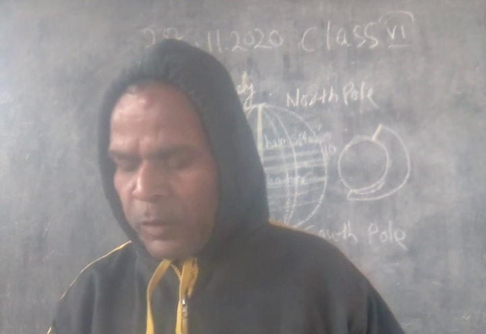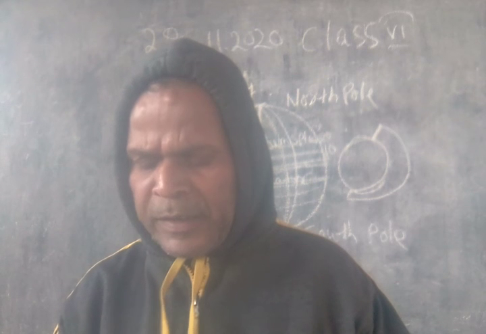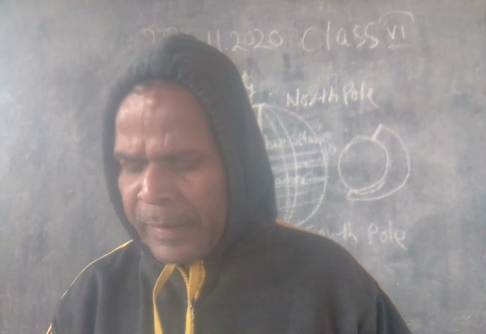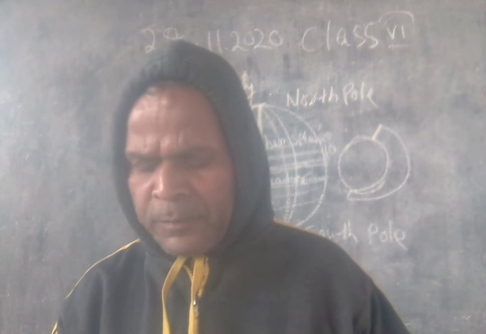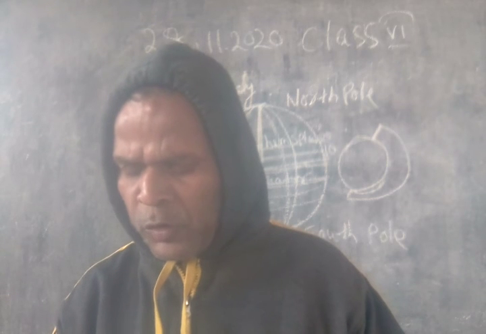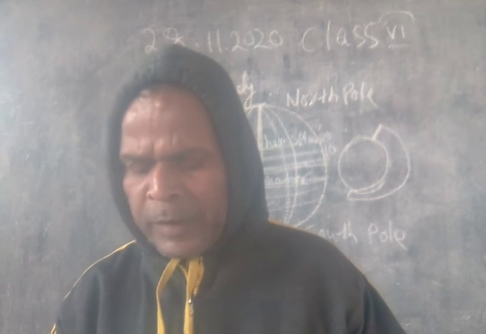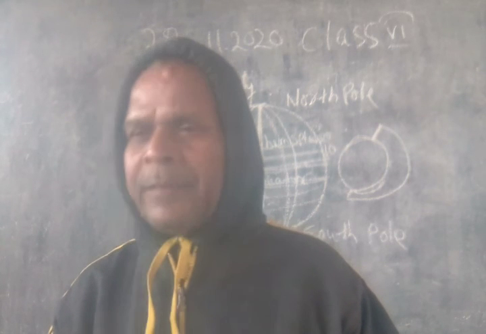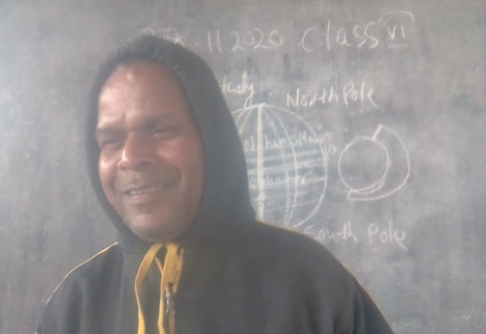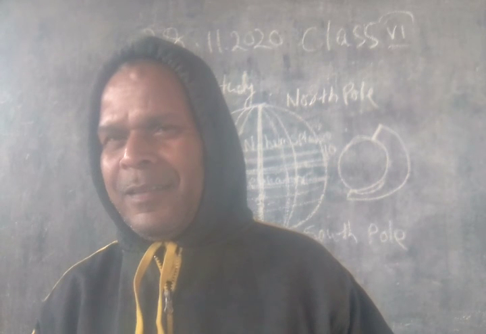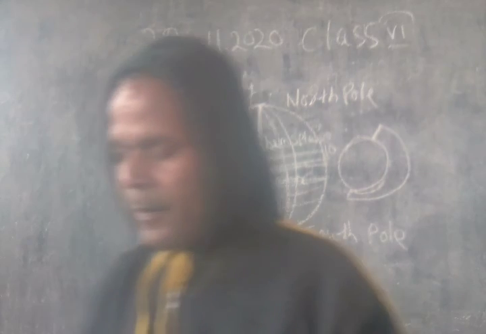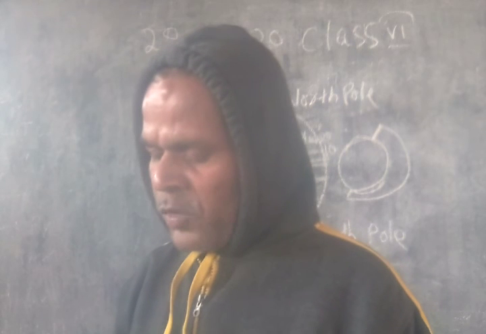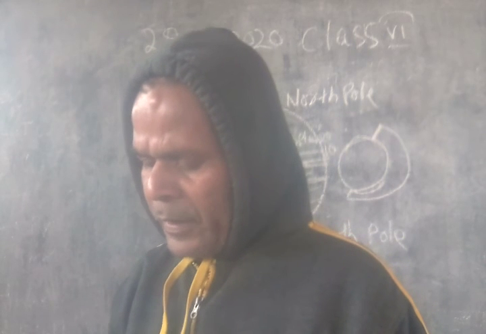The direction north or south of the equator is indicated by suffixing the letter N or S, as the case may be, for determining the exact location of a place north or south of the equator. Degrees are further subdivided into minutes and seconds. So, 90 degree to the north and 90 degree to the south.